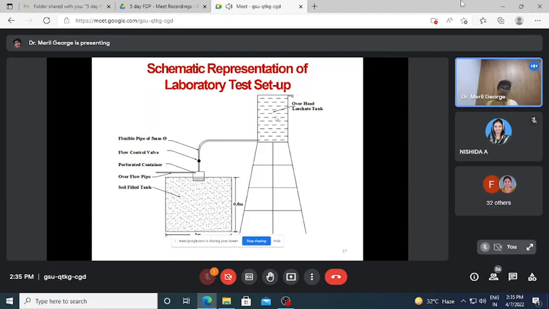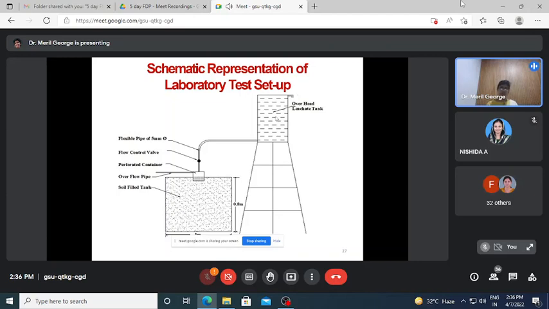There was an overhead tank where the leachate was collected. I'll explain what was used in place of leachate. From the overhead tank, it was supplied through a flexible pipe system where the rate of flow can be controlled, to a perforated container placed at the center of the tank.